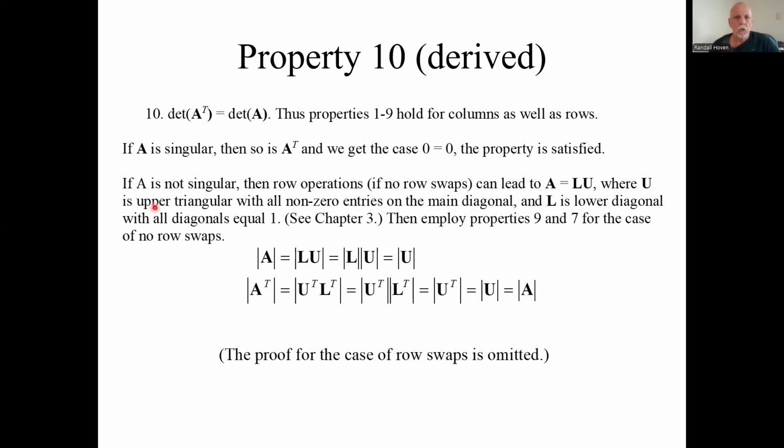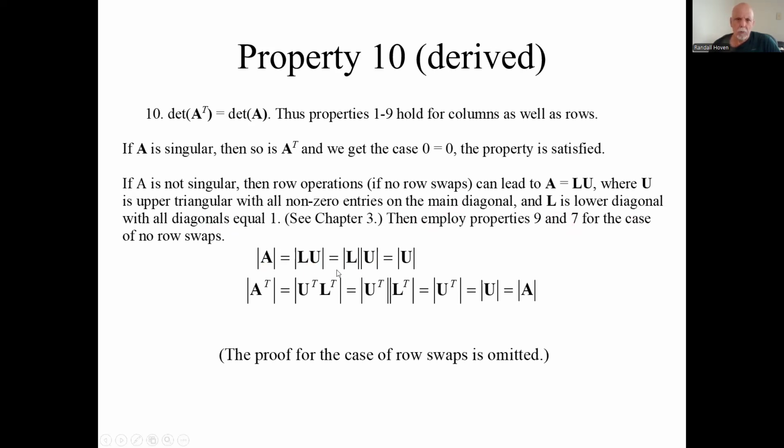U has all the non-zero entries on the main diagonal. L is lower triangular and all the diagonal entries equal 1. Then we'll look at properties 9 and 7. So A can be broken up into this LU.